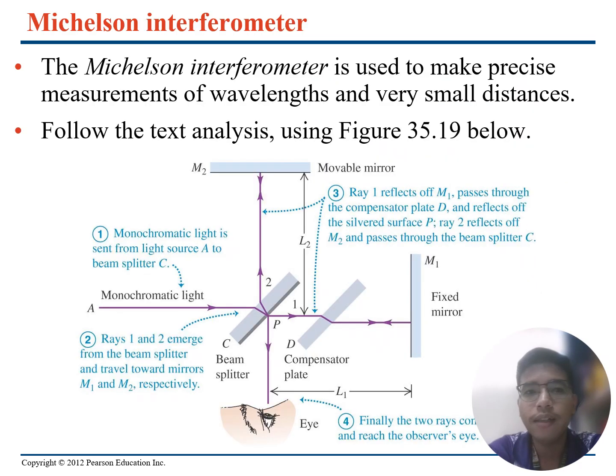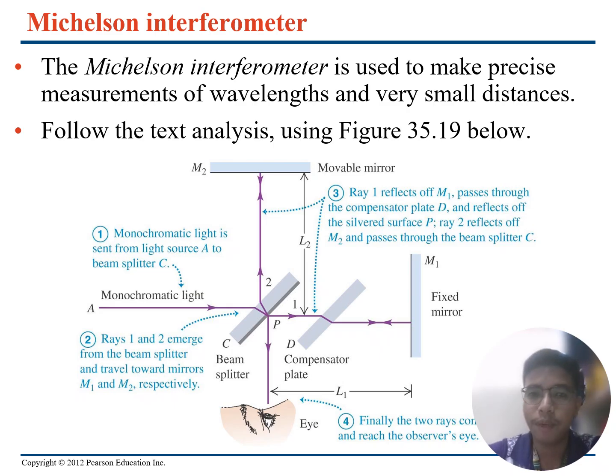The Michelson interferometer is one of the most precise optical instruments ever developed and represents a major application of interference. In this device, a beam splitter divides a single light beam into two separate paths that travel different distances before recombining.